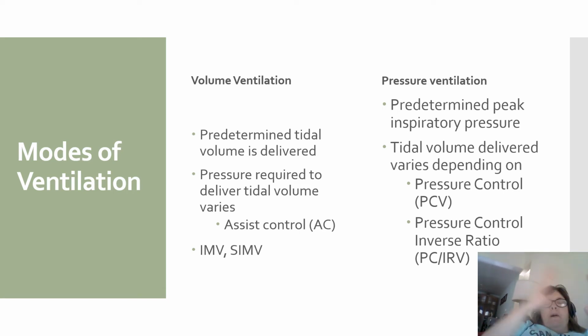And so because of that, they developed pressure ventilation. They'll deliver the tidal volume until it reaches a certain inspiratory pressure, and they won't push back past that. And those types are called pressure control ventilation or pressure control inverse ratio.